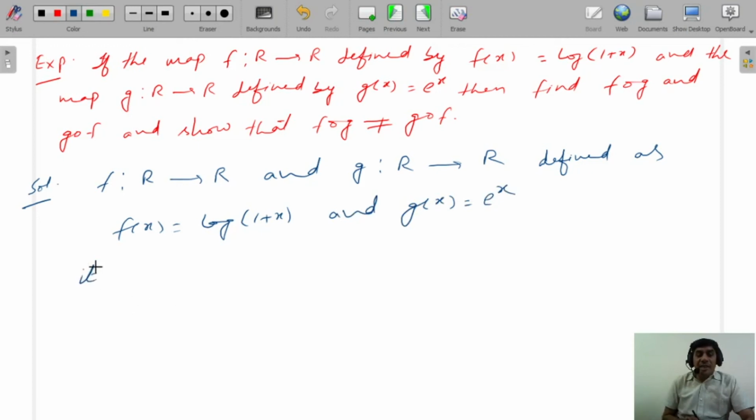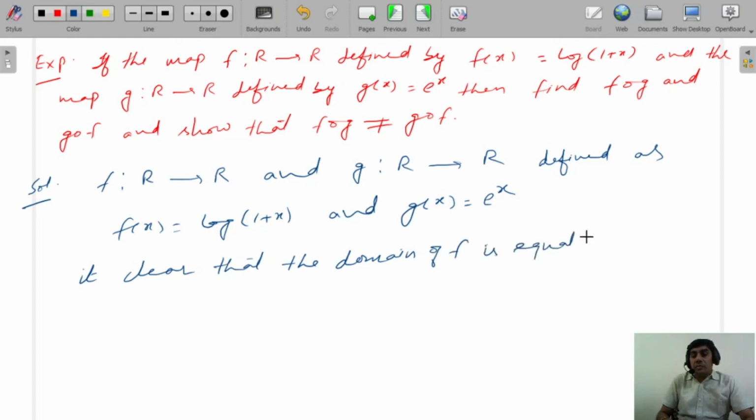It is clear that the domain of f is equal to the codomain of g and vice versa.